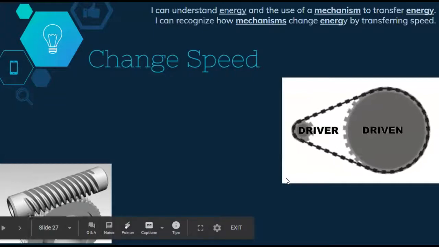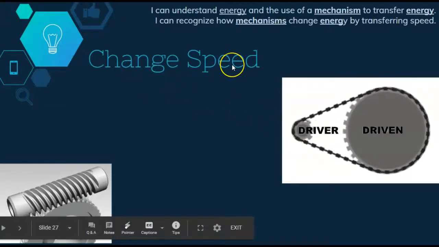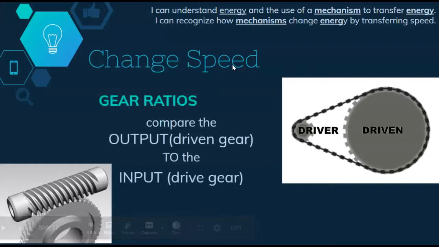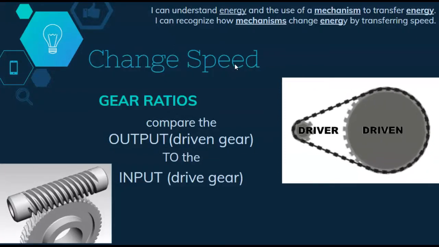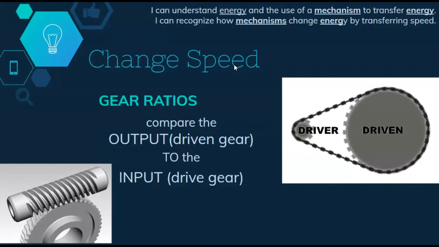So they sometimes plan for a change in speed, and they'll plan for that change in speed with gear ratios, may it be speeding up the gear ratio or slowing down the gear ratio.